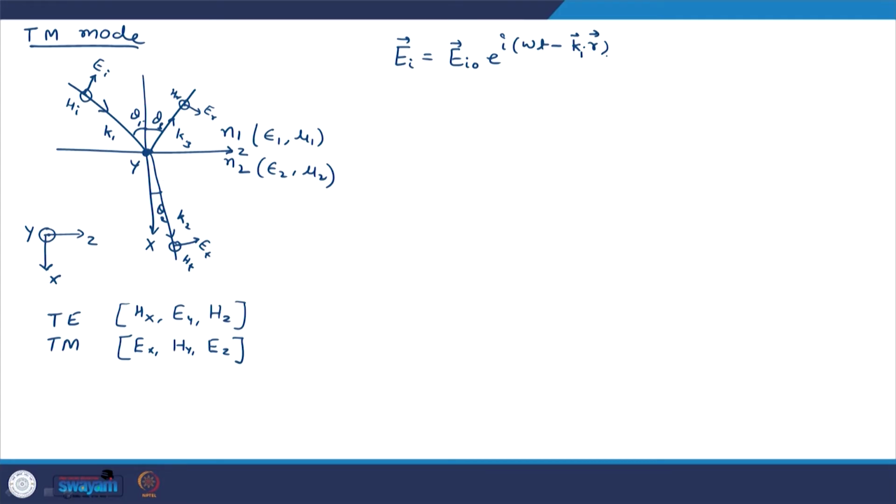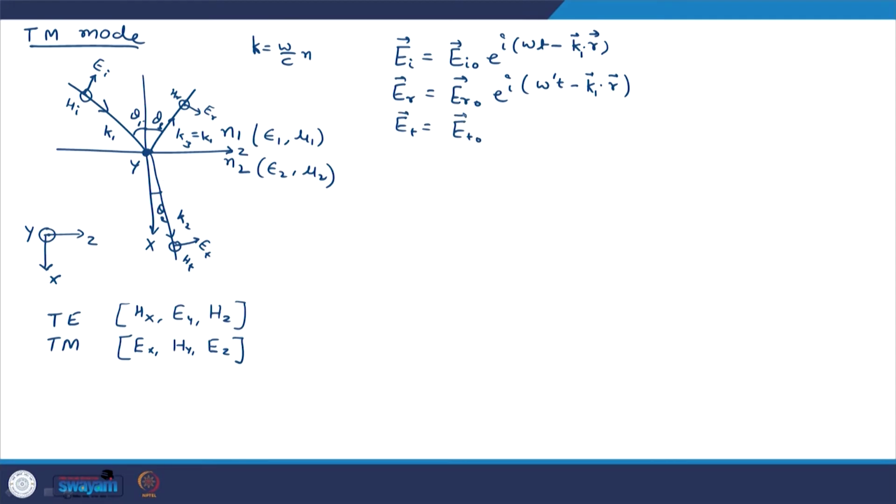And the one which is reflected, let us say E r is given as E r 0 e to the power i omega prime t minus k 1 dot r. I told you that it is k 1 because k is equal to omega by c times n, and if it is the same refractive index medium, the k will be the same. So, it is k 1 dot r.